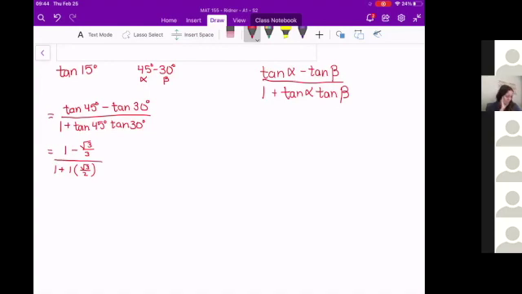So we want to multiply by the conjugate. Can't remember if this is the shortest way, so sorry if we take the longer route.